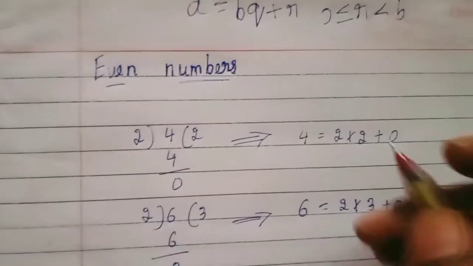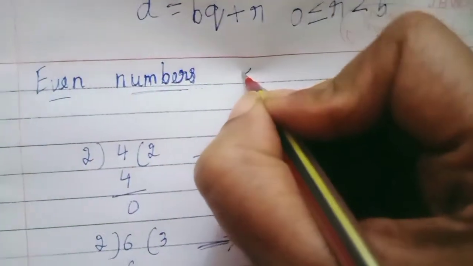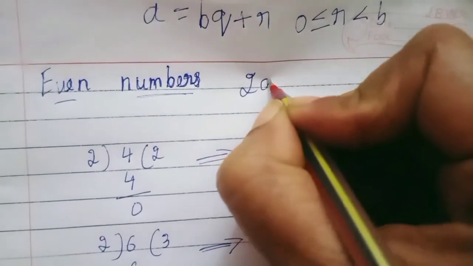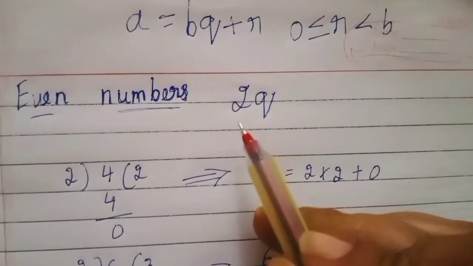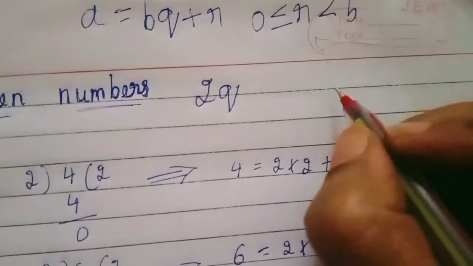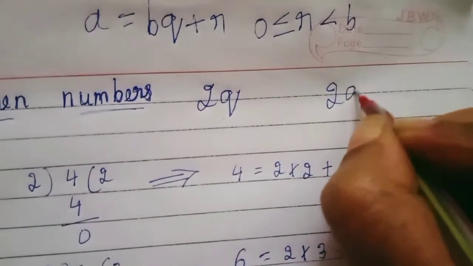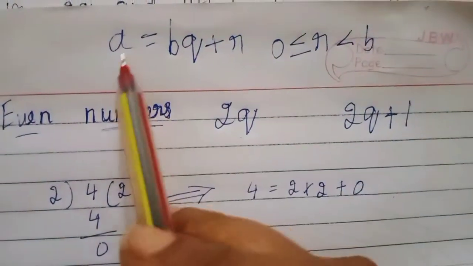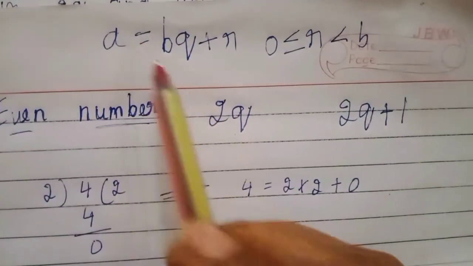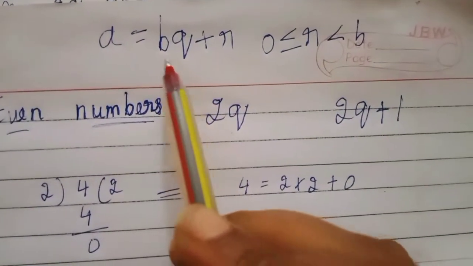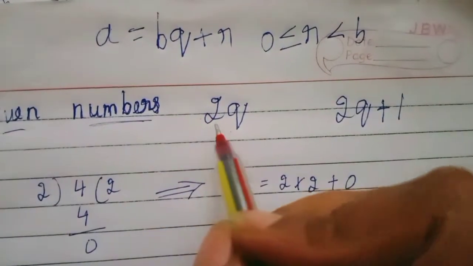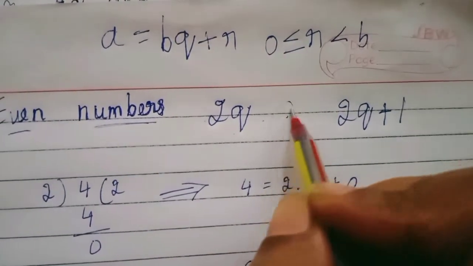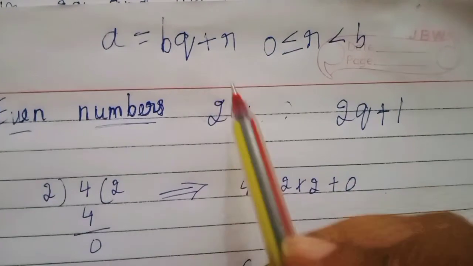So what is the meaning of this? Let me explain with a few examples. He has given that every even positive integer is in the form of 2q and every odd positive integer is in the form of 2q plus 1. When you compare this with the Euclid division lemma, you can see A equals 2q plus r. Here the remainder is 0 and q is matching.